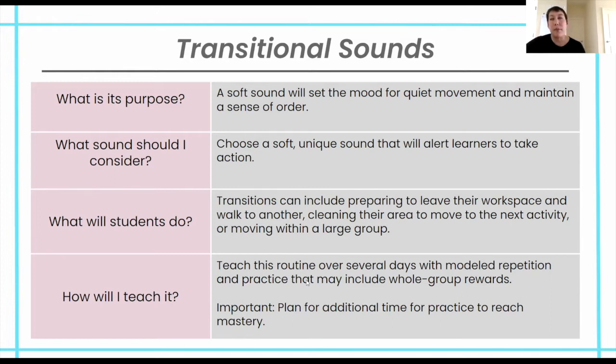We practiced with modeling and repetition until we reached mastery for an orderly transition. So this transition took probably about 2 weeks to totally master. So give yourself and your students a lot of patience, because depending on what their needs are, it might take them a little longer.